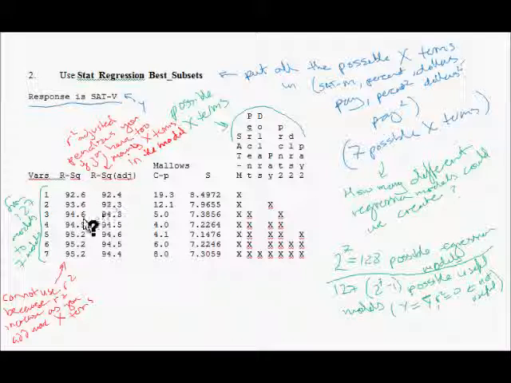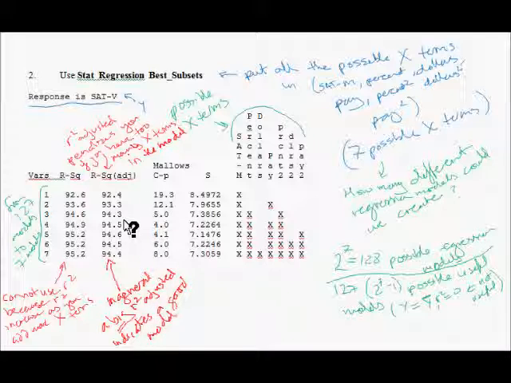So that's what's called R squared adjusted. What it does is it takes out a percentage, and the percentage gets bigger each time as you add more terms. So in general, a big R squared adjusted indicates a good model.